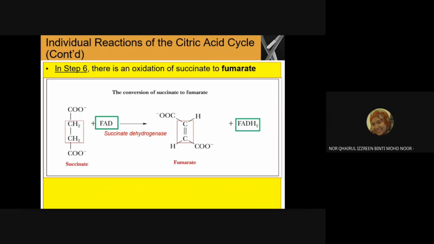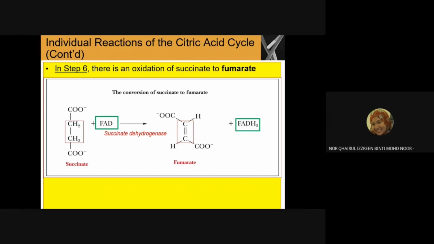This is what we call how the TCA cycle and ETC work together, how they are connected. This succinate gives electrons and 2 hydrogen ions to FAD, producing FADH2.